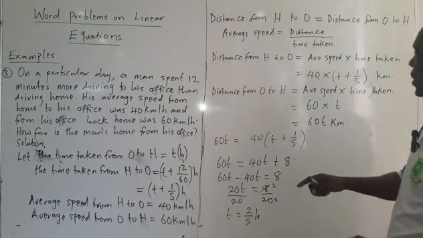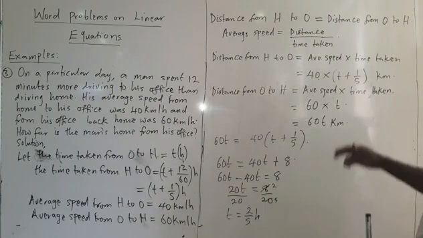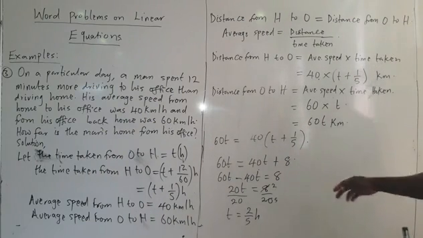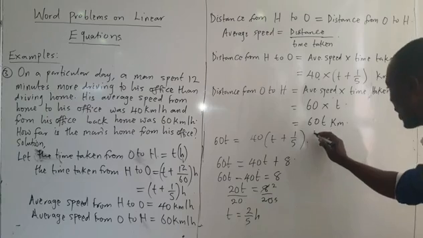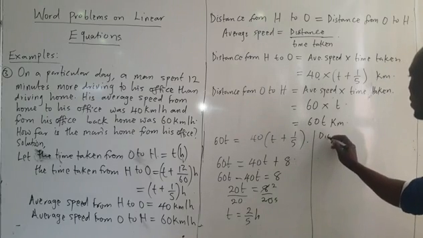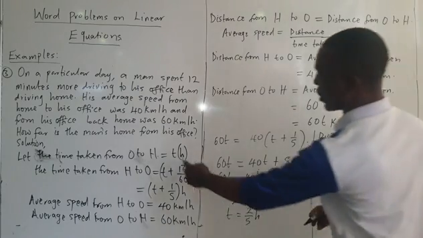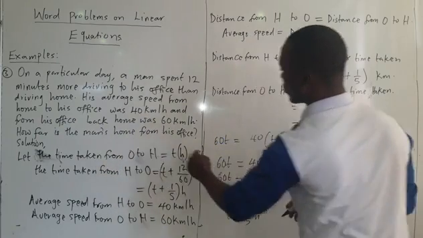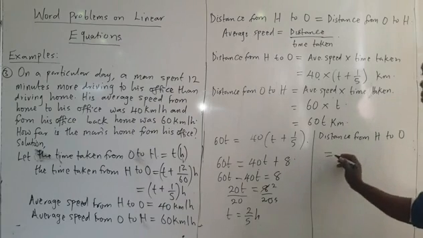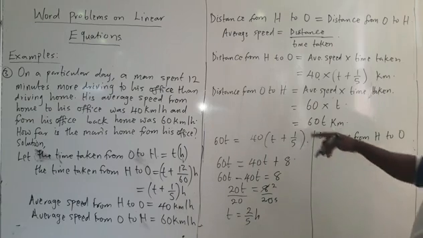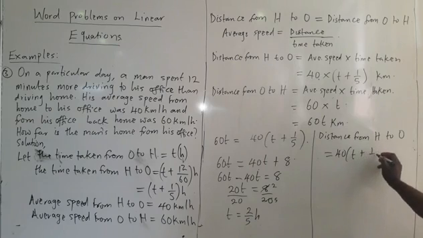So that is the time taken. But we are looking for how far, which is the distance. So you can now use any of these two equations. Wherever you see T, you put 2 over 5 there, you will get your distance. So distance from home to office equals 40 into T plus 1 over 5.